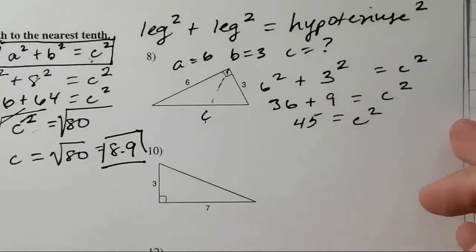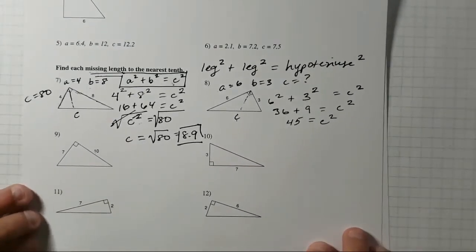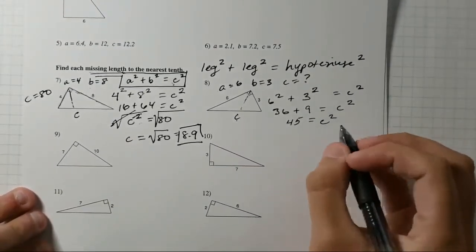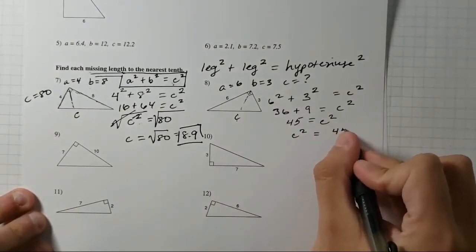And then, because of equality, we can rearrange it and we'll get c squared equals 45.